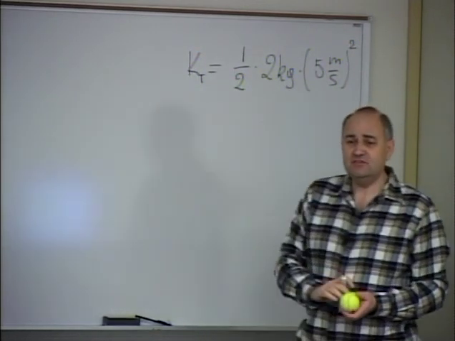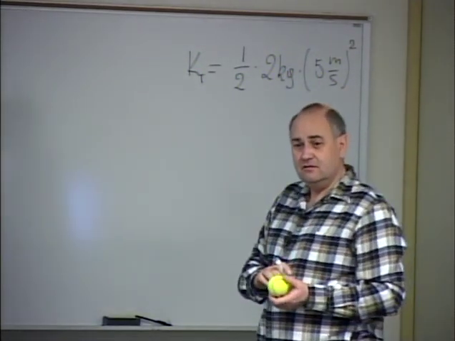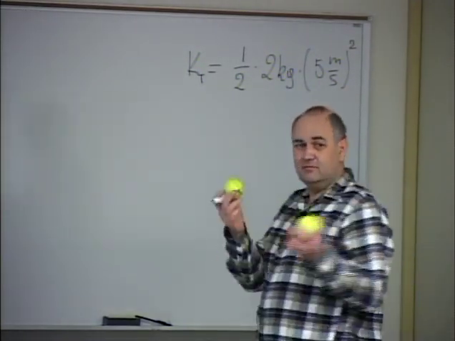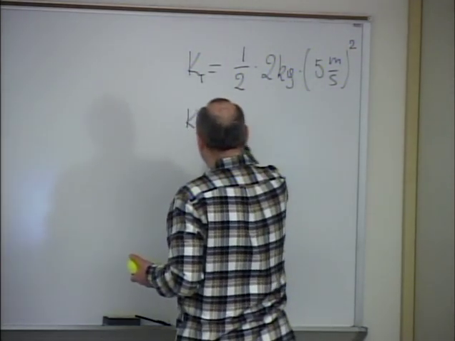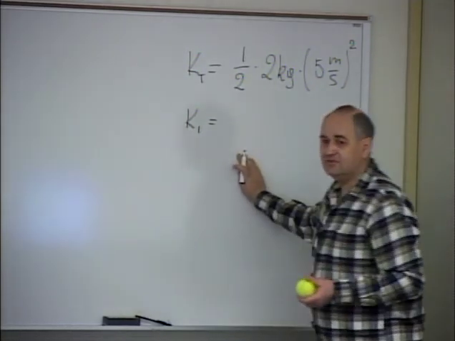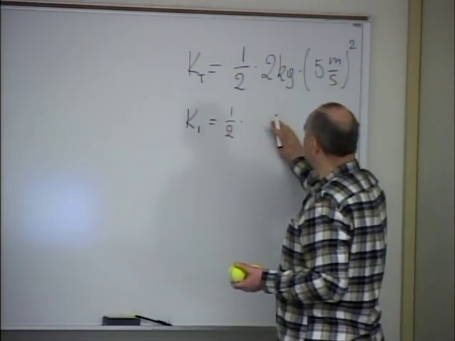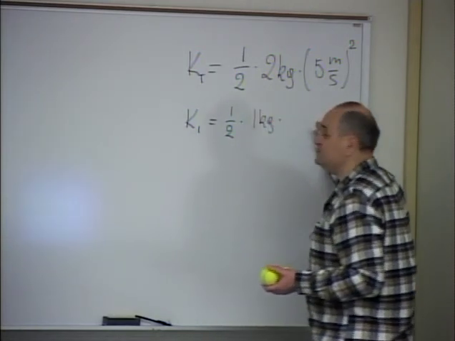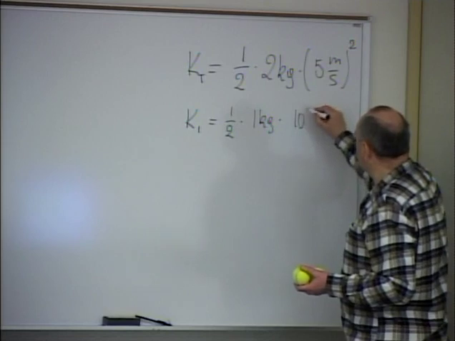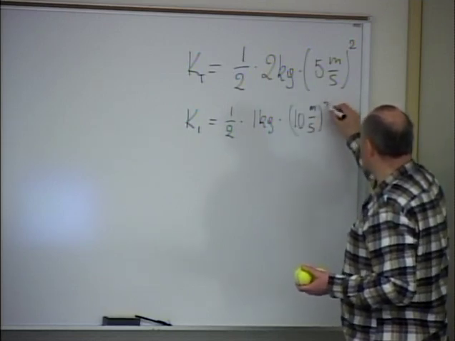Let's now figure out kinetic energy of a ball. Single ball. What should I put? 1/2 times 1 kilogram times 10 meters per second squared.